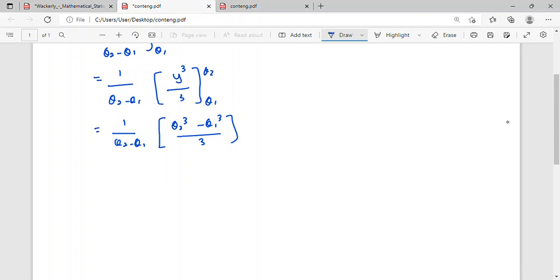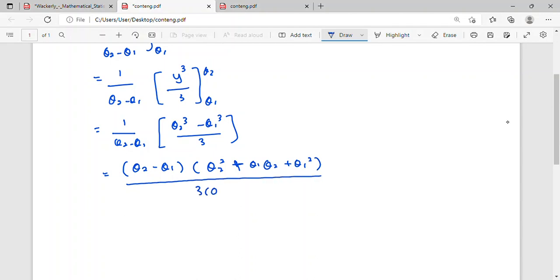So what to do is, okay, this part kita kena factorize kan, sebab kat sini ada theta 2 minus theta 1. Di sini so maybe kita boleh eliminate kan theta 2 minus theta 1. So as factorized, dia akan jadi macam ni, theta 2 square plus theta 1 theta 2 plus theta 1 square, divide dengan 3 theta 2 minus theta 1.